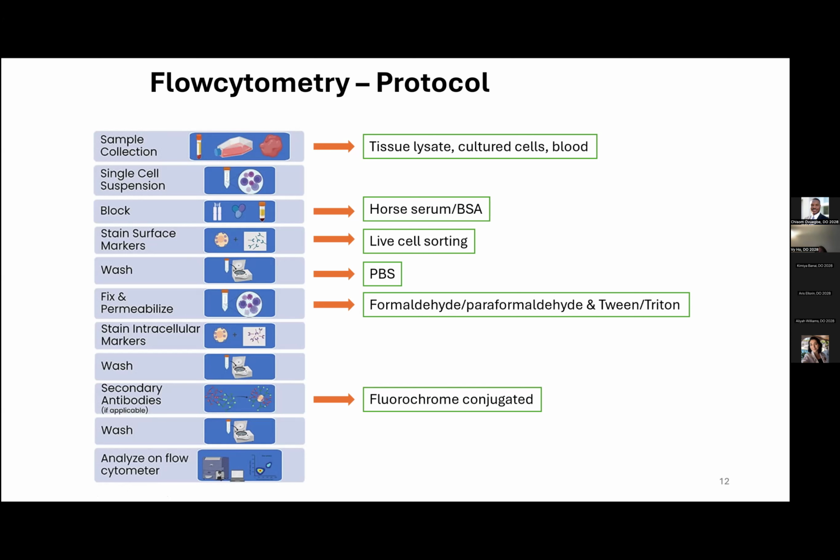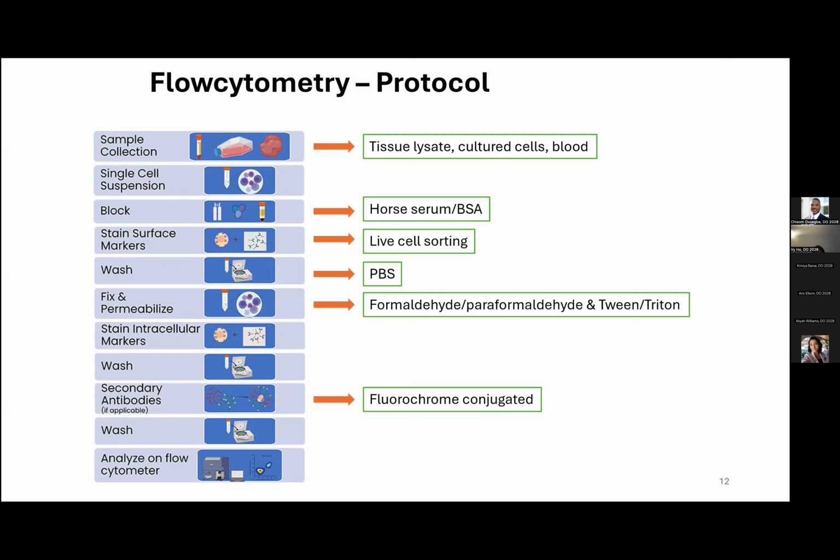Permeabilization means, for example, if the protein of interest is cytoplasmic or nuclear, the antibody with the fluorochrome has to cross the cell membrane, go inside the cell, and bind with the protein of our interest.